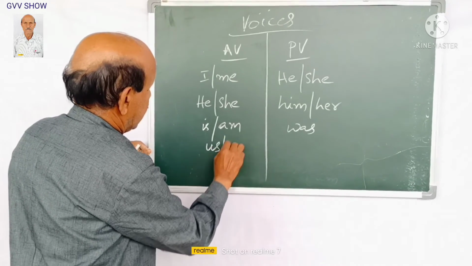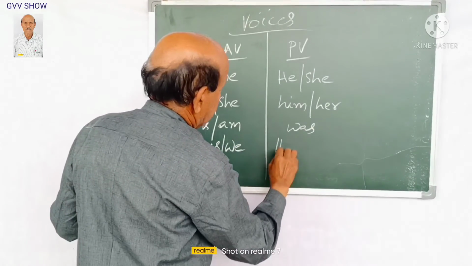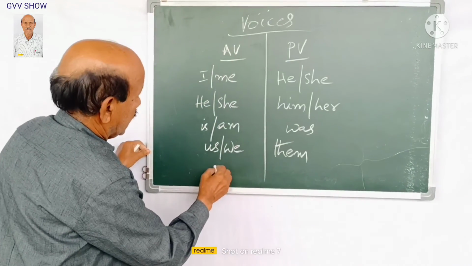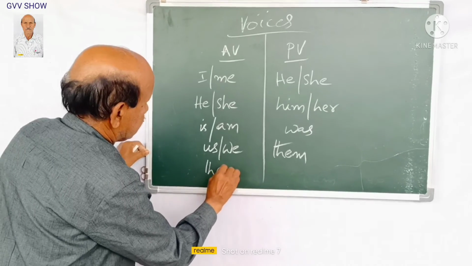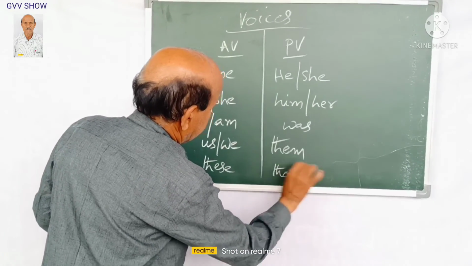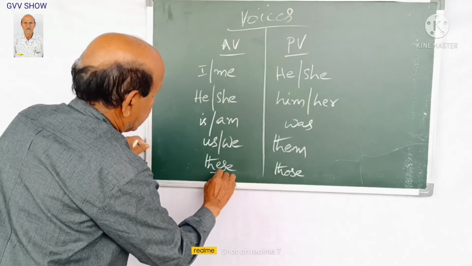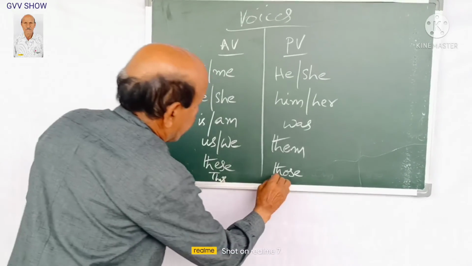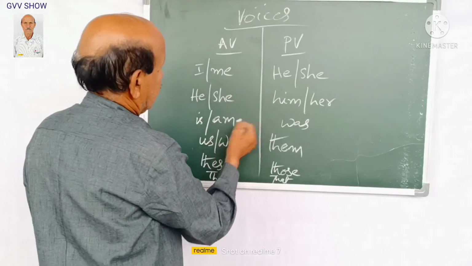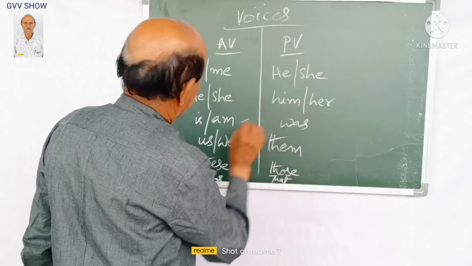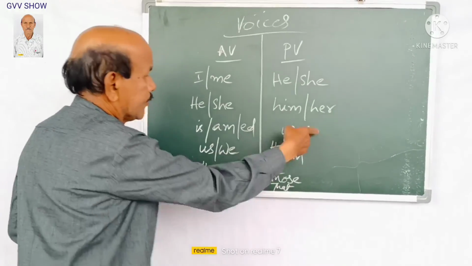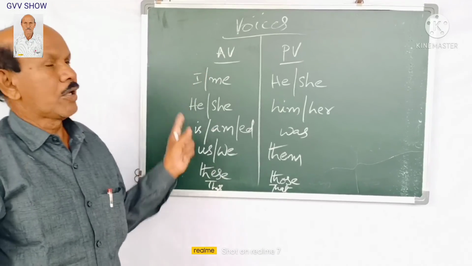Us, we, them. These, those, this, that. Is, am becomes was. Ed also becomes was. These are, you note down.